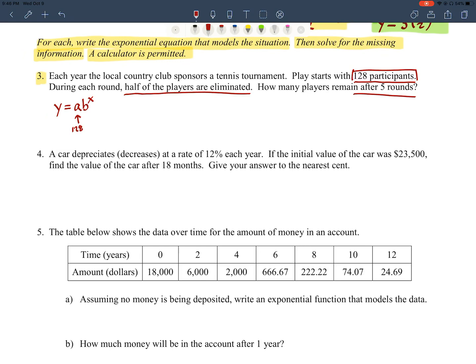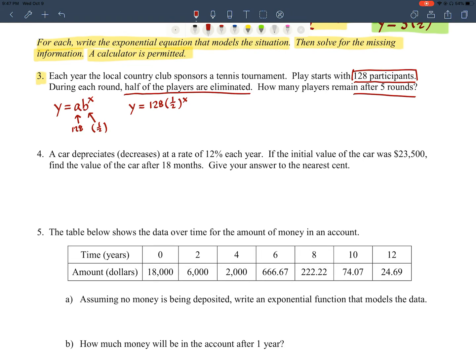And if half the players are eliminated every round, that means we're going to be multiplying this times a half each round. So our equation should look like y equals 128 times 1/2 to the power of x. And remember, x is going to represent the number of rounds, and y is going to represent how many players there are still.